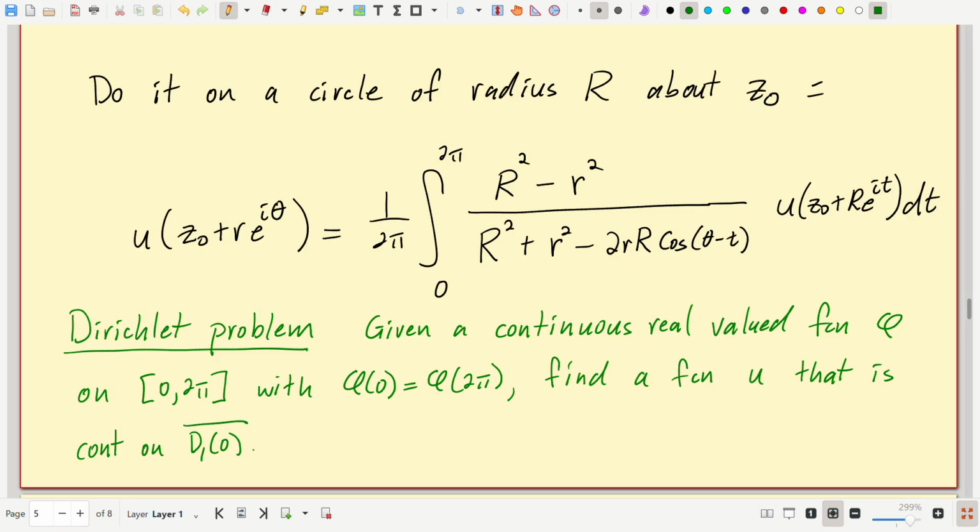So it's got to be continuous on there, harmonic on the inside, with the proper boundary values, with u of e to the I theta equal phi of theta.